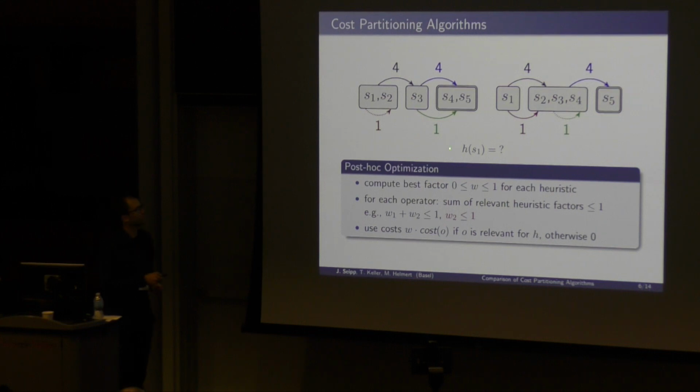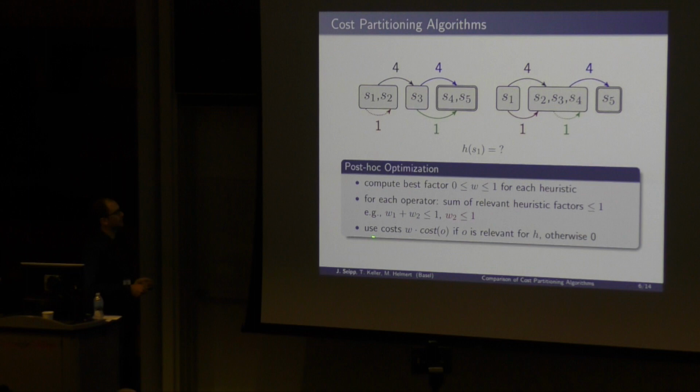In this example, the black operator is relevant both in the first and in the second heuristic, so the factors for the two heuristics have to sum to at most 1. Similarly, the red operator is only relevant in the second abstraction, so it only incurs this constraint.